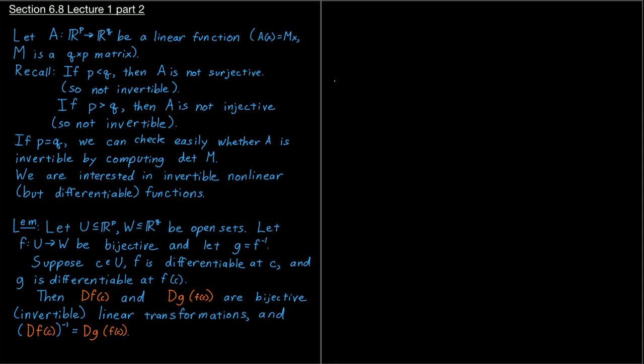Now let's write out the proof of this. Let I be a function that goes from U to Rp, given by I of x equals x.